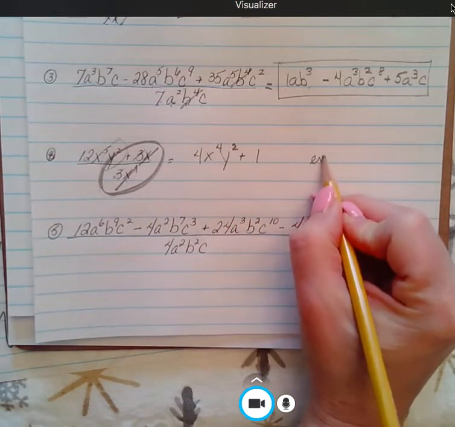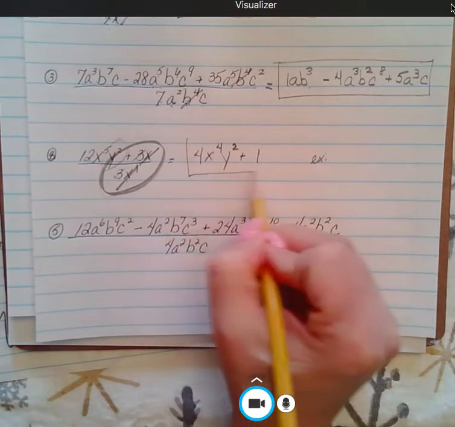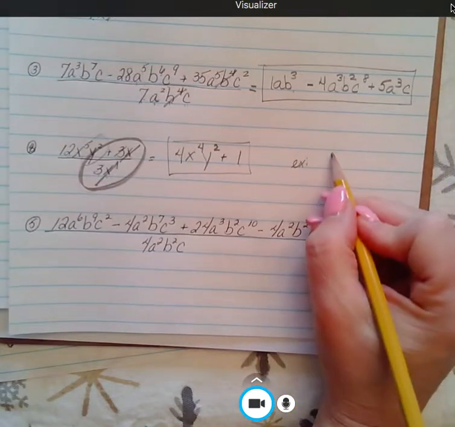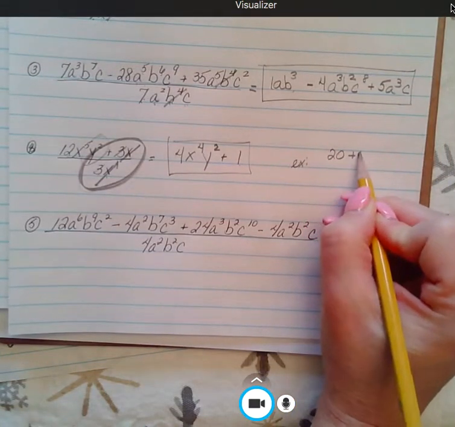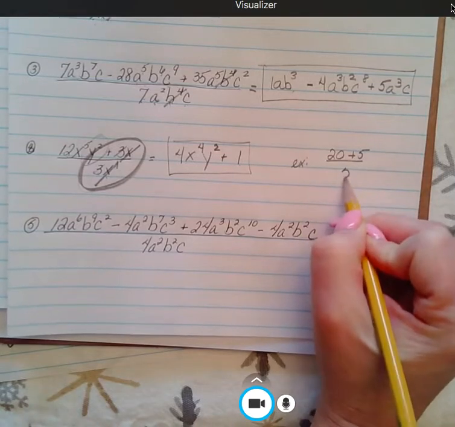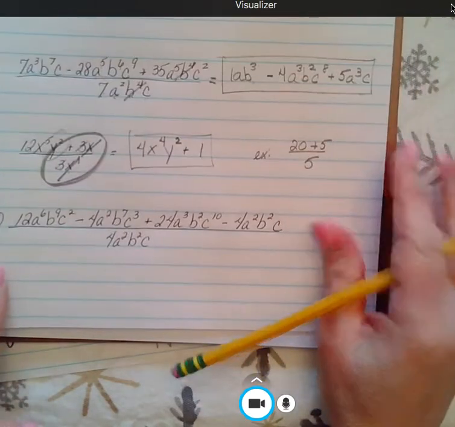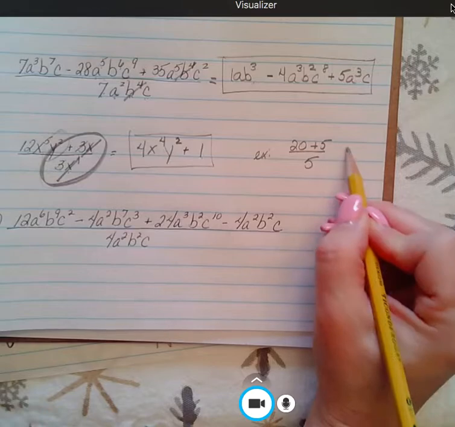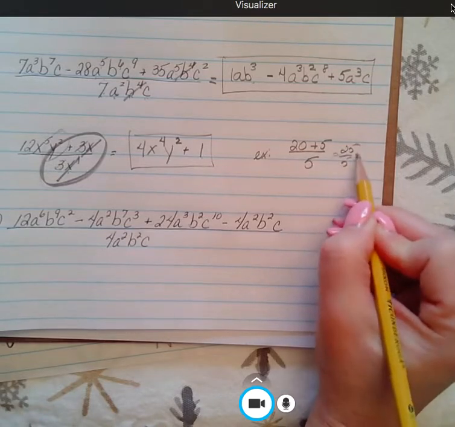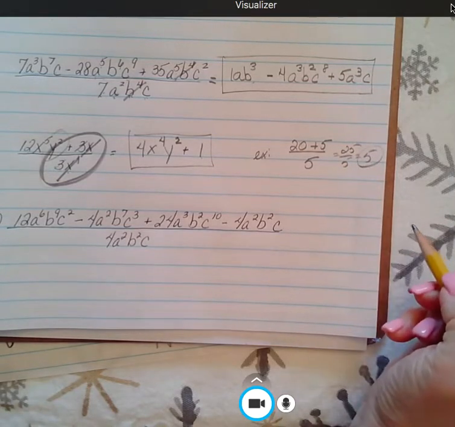Let's take a look at regular numbers. What if I have 20 plus 5 divided by 5? Well, this is 25 over 5, and the answer is 5.